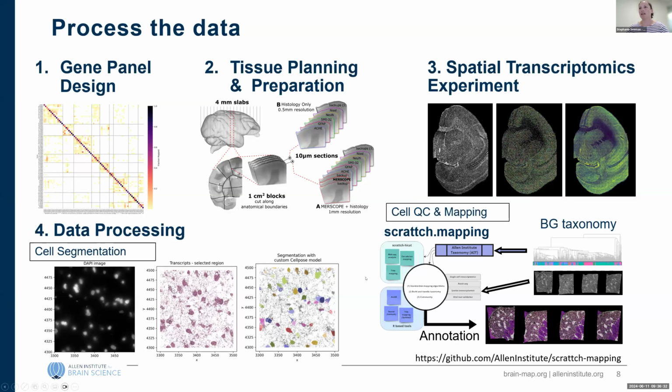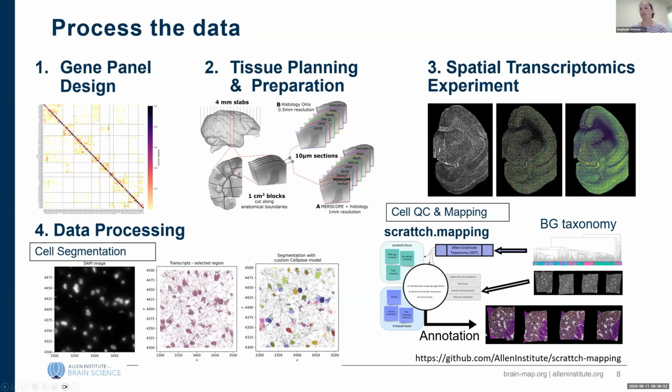Using these data and going back to the taxonomies, we can map the cell types from the single nucleus RNA-seq taxonomy to our cell types in the spatial transcriptomics data using tools that were also built at the Allen Institute and are available on our GitHub.